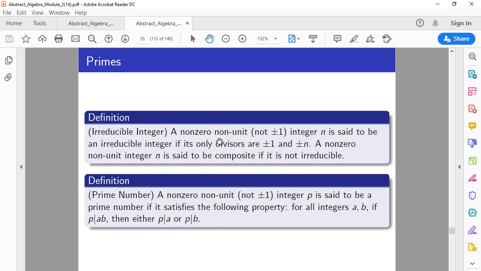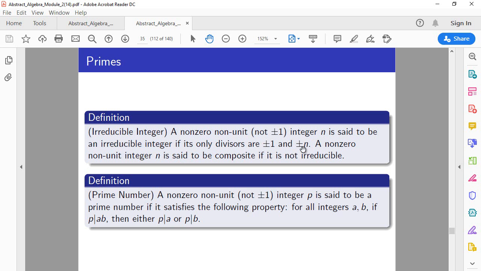So a non-zero non-unit, which simply means not plus or minus 1. So a non-zero non-unit integer n is said to be an irreducible integer if its only divisors are plus or minus 1 and plus or minus n.